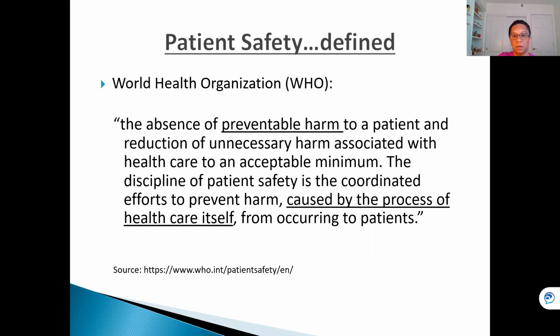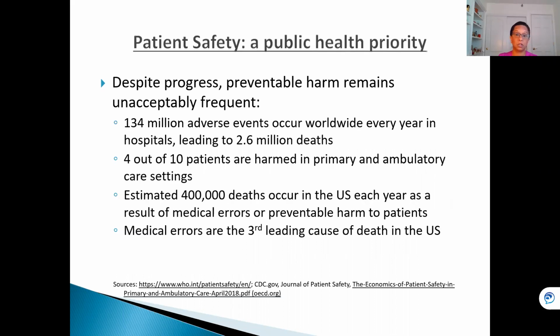In terms of some statistics, it's a national issue. It's a public health priority. Every single hospital out there has a patient safety, quality improvement, and risk management department. There are 3 different departments and they all intersect together.